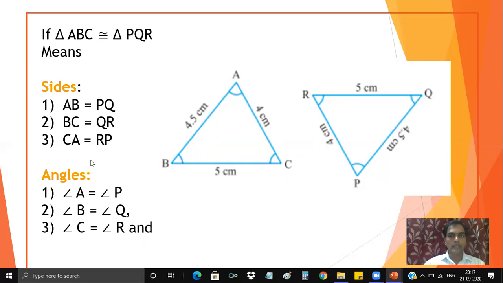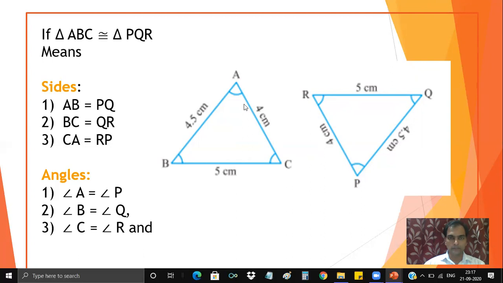Now what about the angles? Again, the measures of the angles of congruent triangles are equal. The measure of corresponding angles of congruent triangles is equal. Here A corresponds to P, therefore measure of angle A is equal to measure of angle P, or angle A equals angle P. The measures of these both angles are the same.